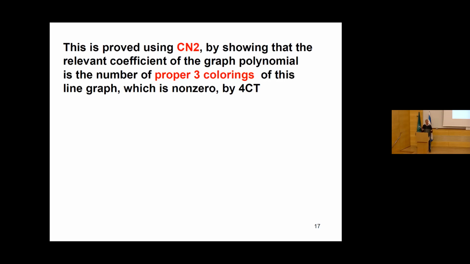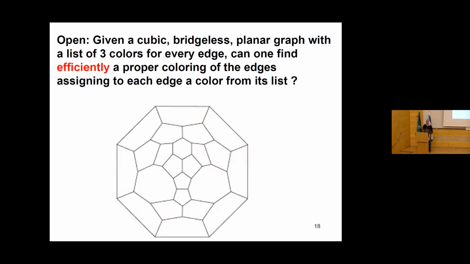So it is a reduction, but the reduction is strange. It uses the four-color theorem to conclude that some coefficient is non-zero, and because of this, some graph is colorable. And again, this raises the corresponding algorithmic question.